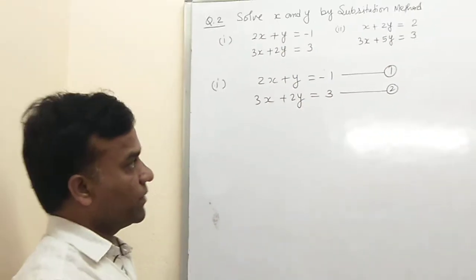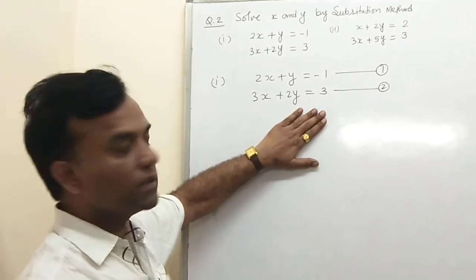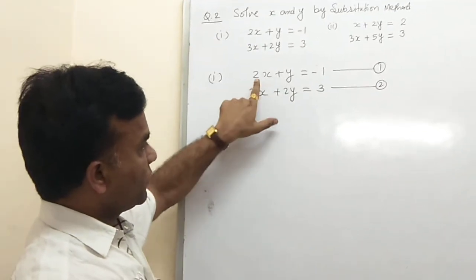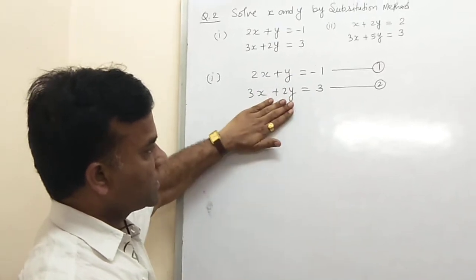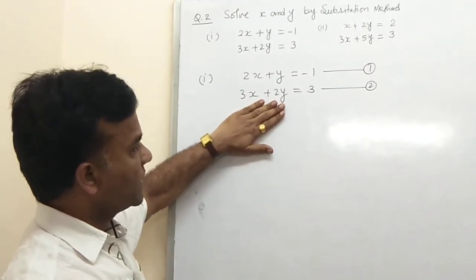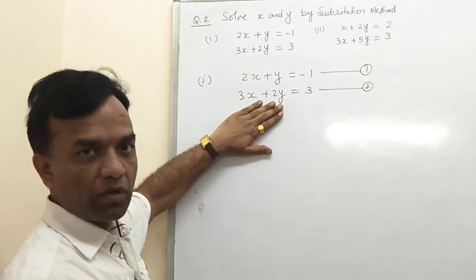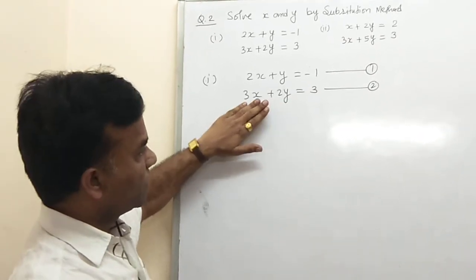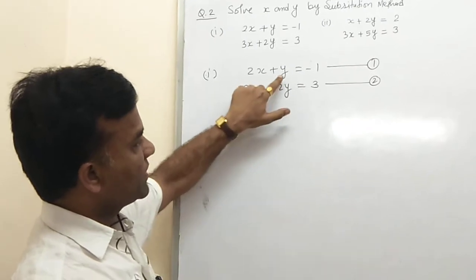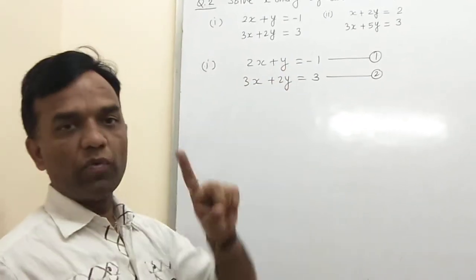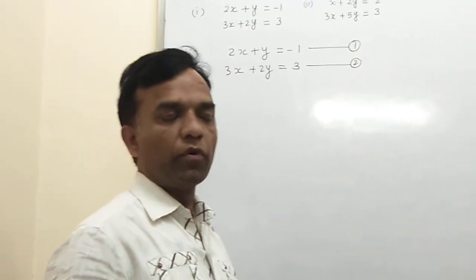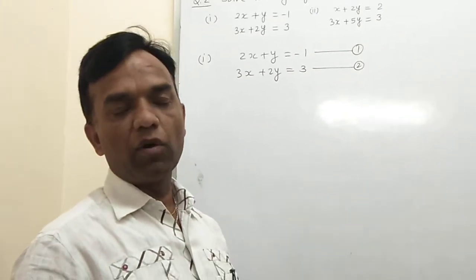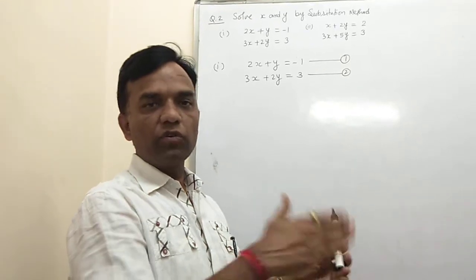So first you name the first equation and the second equation. Then you see the first equation 2x plus y and here 3x plus 2y. The second equation has coefficients of x and y that are not 1; they are 3 and 2. But in the first equation, the coefficient of y is 1. In this method, one thing is very important: the variable having coefficient 1, that equation you take first.